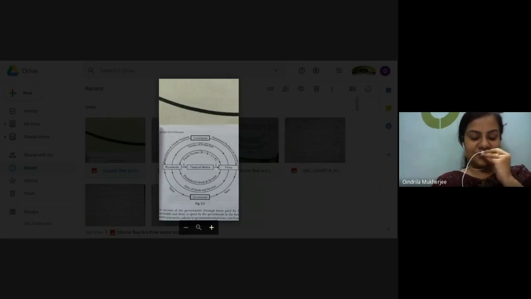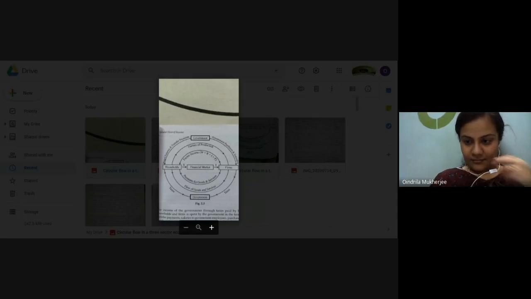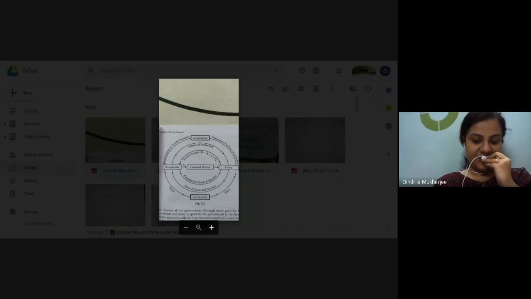I'm putting the question on the chat box, so think and reply to me. Okay. What is meant by progressive system of taxation? Can anybody give me the answer?